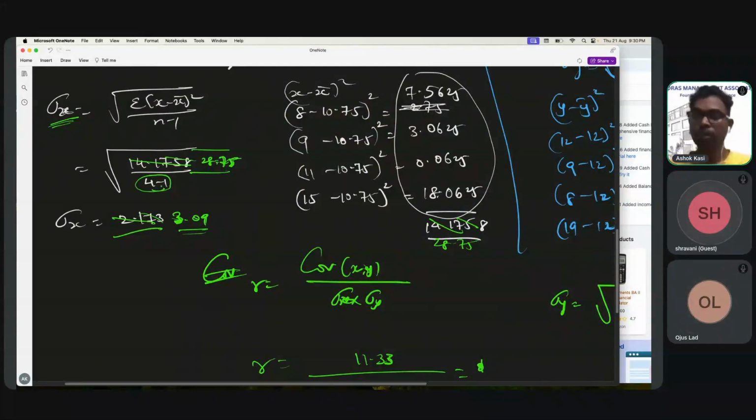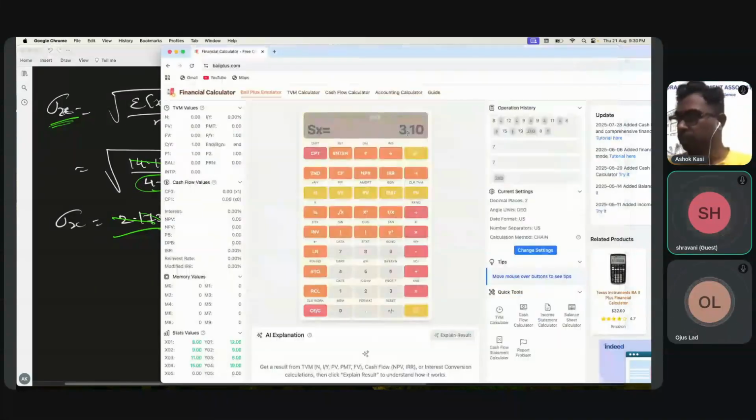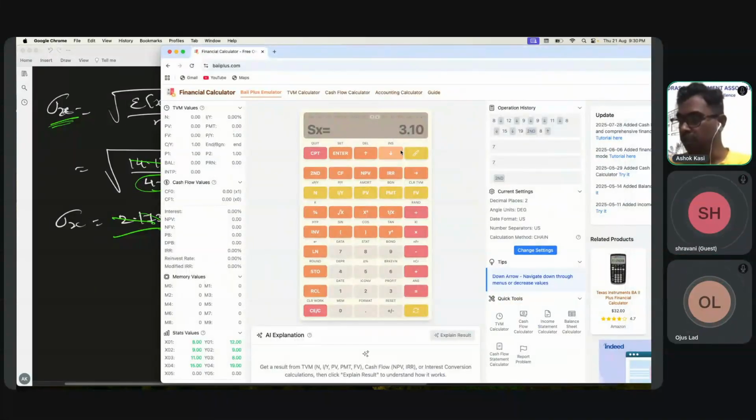So the sample standard deviation will always be bigger than the population standard deviation. Otherwise, this notation stands for population, and this S is for sample.